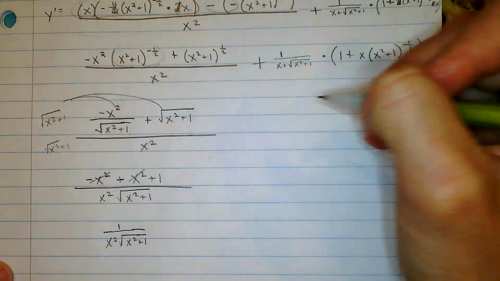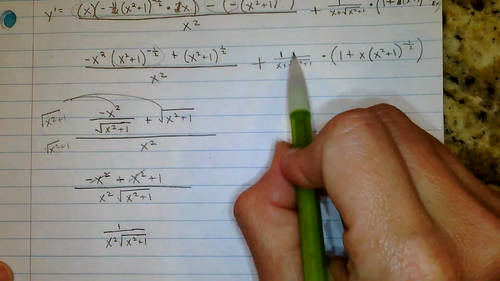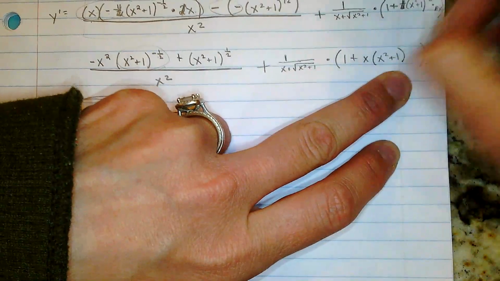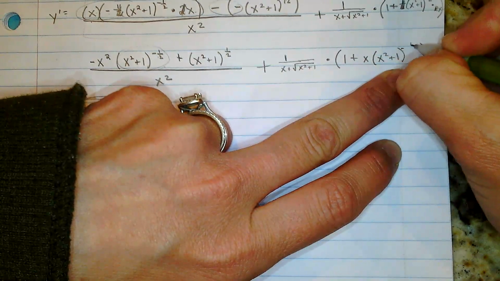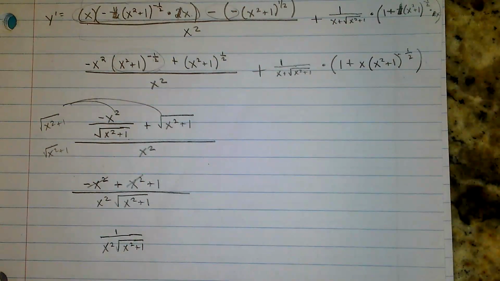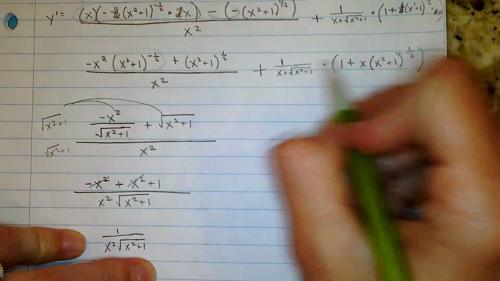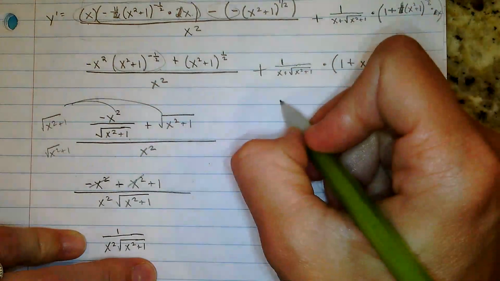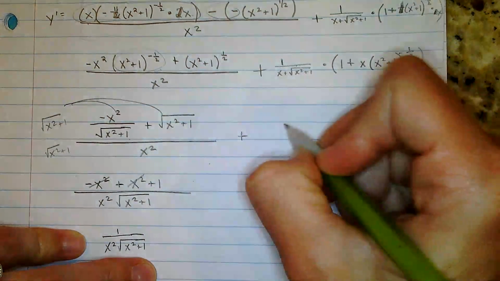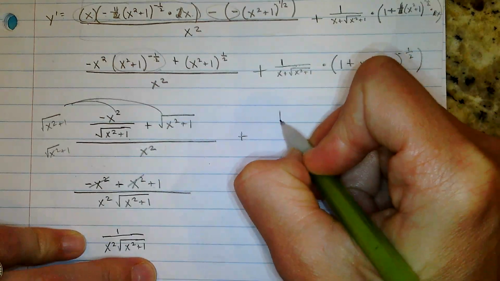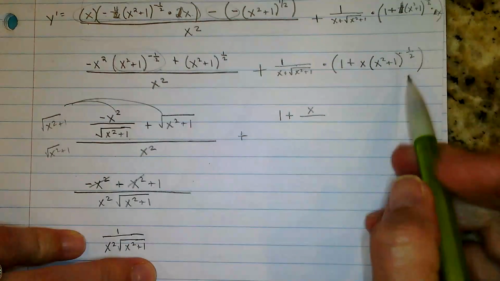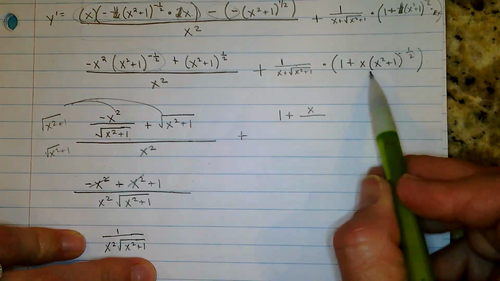Plus, on this one I have a fraction times a non-fraction, although this was a negative, right? I was afraid that that was going to blend in and I wasn't going to see it. So again, if I wanted to write this as a single fraction, this would just be my top. So my top is 1 plus x over, because I'm going to move this into the denominator.